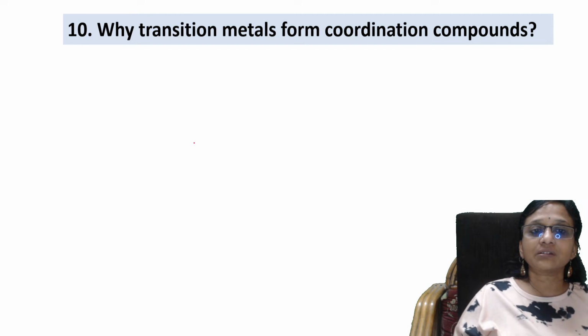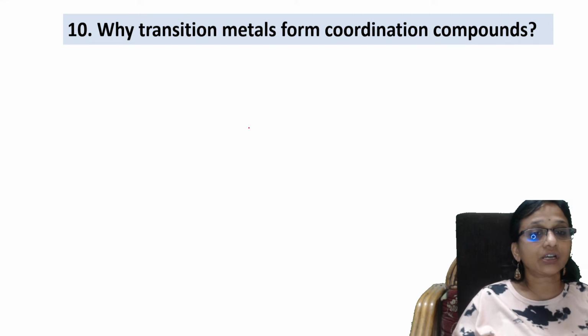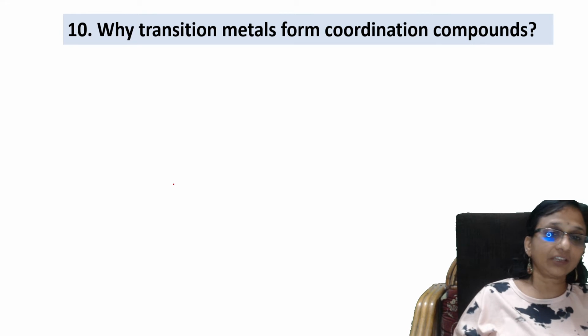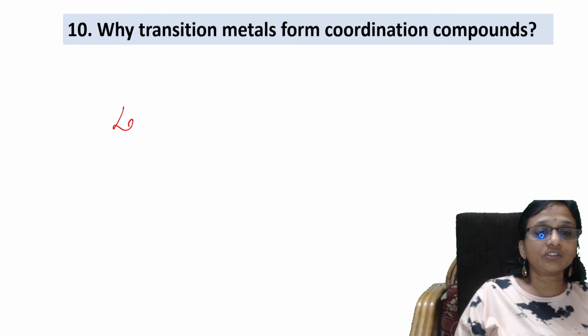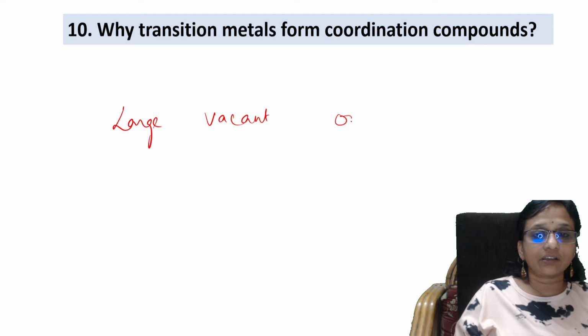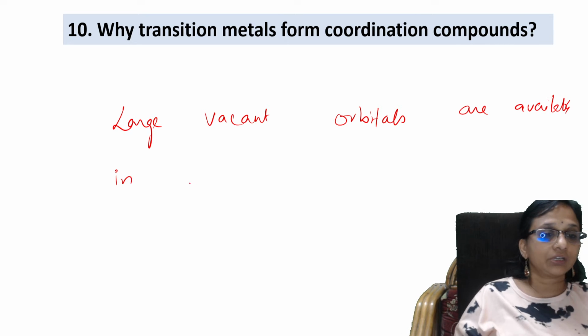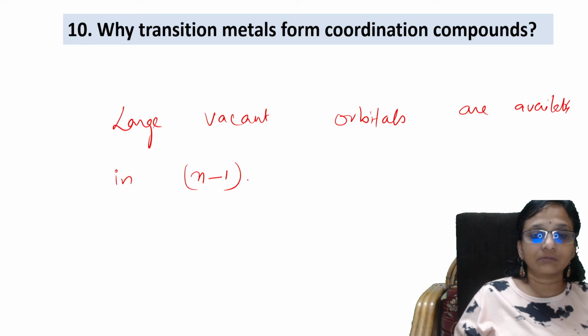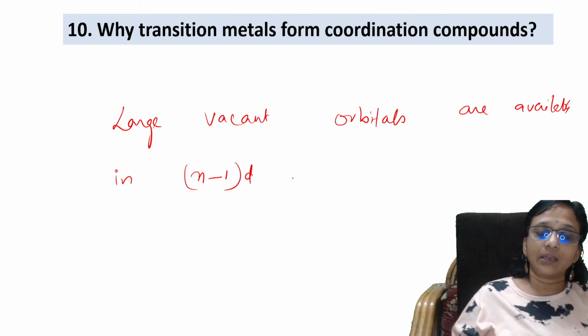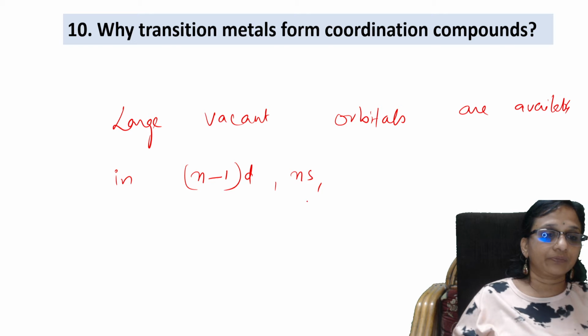Why do transition metals form coordination compounds? Yes, there are large vacant orbitals. Where are the vacant orbitals? The (n-1)d, ns, and np subshells are available.